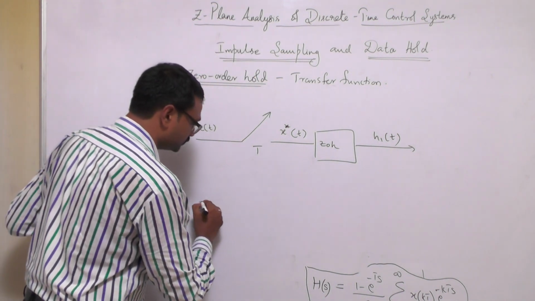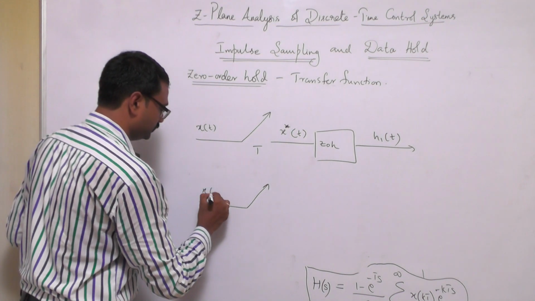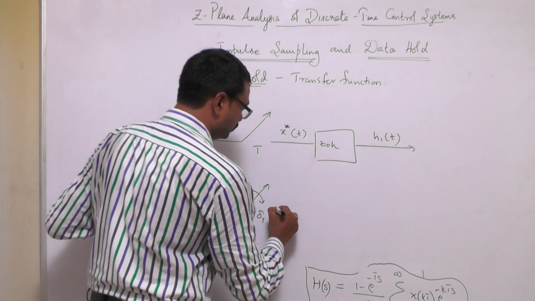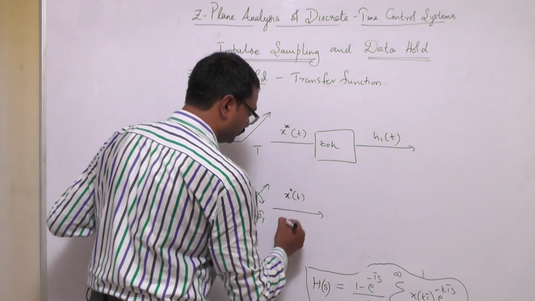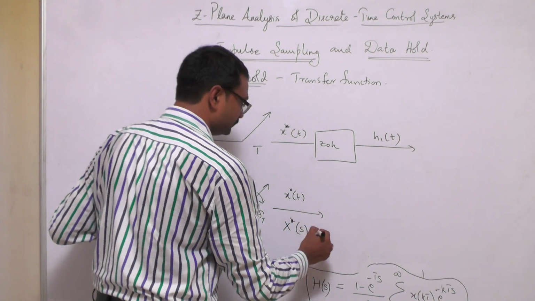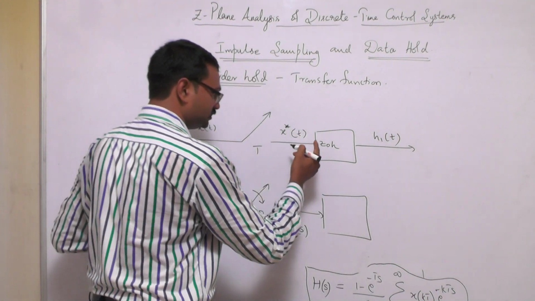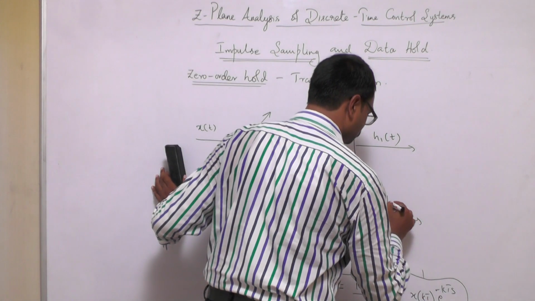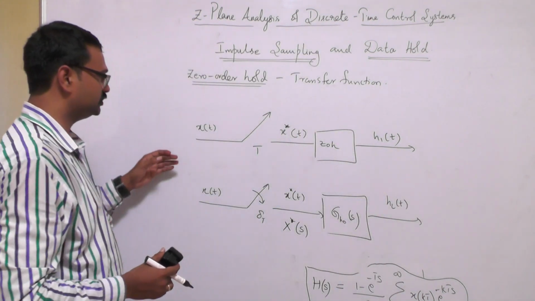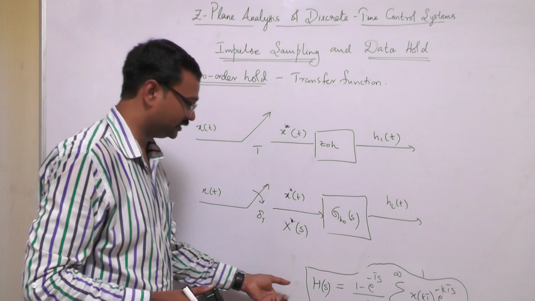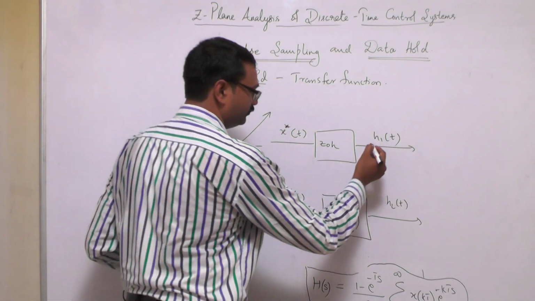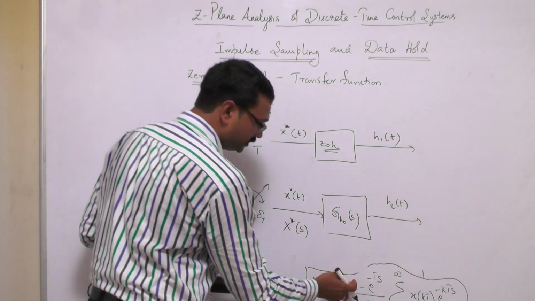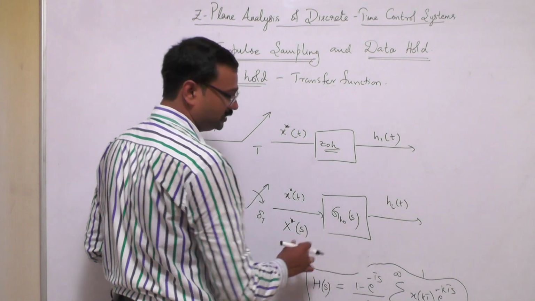Now let us consider again similar x of t, delta T of t, x star of t, x star of s, and let me say the zero order hold has the transfer function GH0 of s, and let me say the output is h2 of t. Now using this I am getting this h1 of s. Because I have used a zero order hold, I only have to find out whether 1 minus e power minus ts by s is equal to GH0 of s.